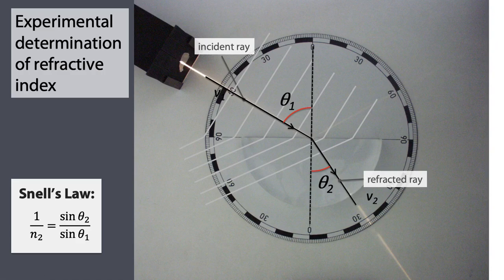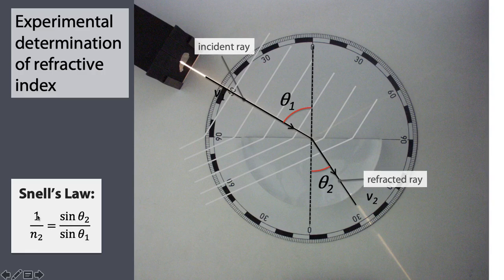Instead of using a solid block of material, you could use a container. If you wanted to measure the refractive index of a liquid, use a prism container and fill that container with the liquid.